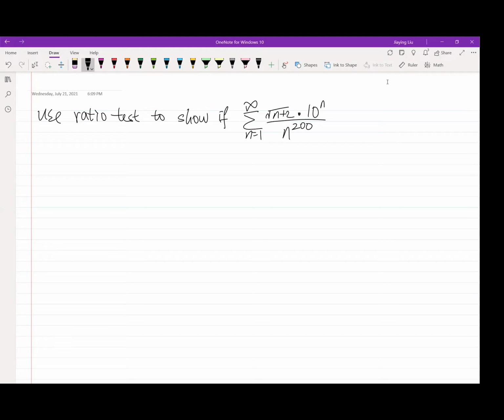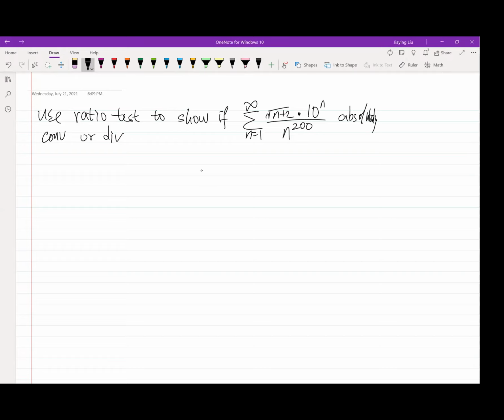Doesn't matter what it is, right? Just some exponent. So we want to know if this series is absolutely convergent or divergent.